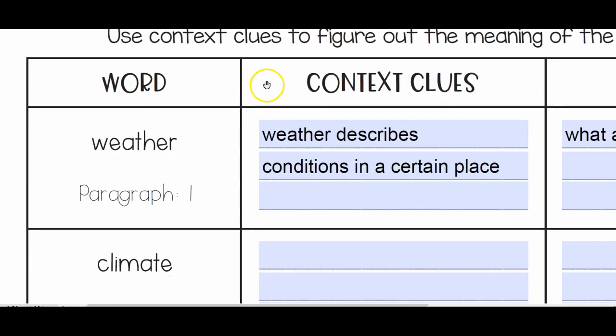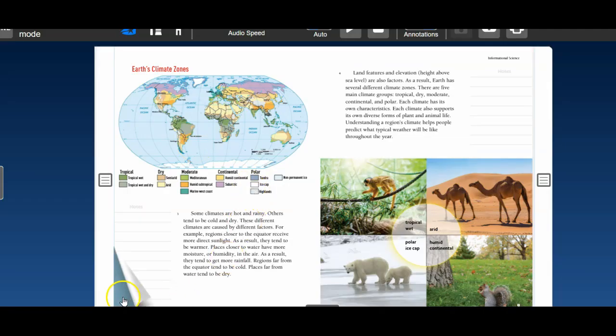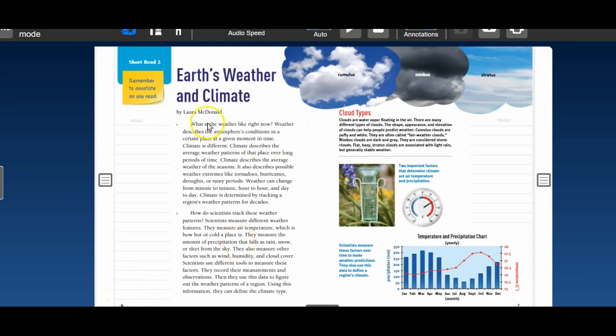Okay, and we're going to use context clues to find what the word weather means. Okay, so where it says weather in paragraph 1 of your text, that's here. They have the word weather here. Weather. Right there. Okay, in paragraph 1.